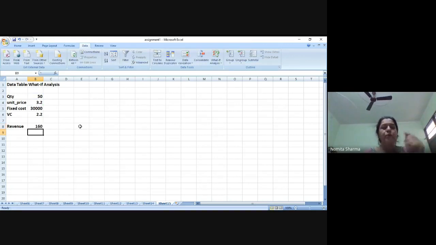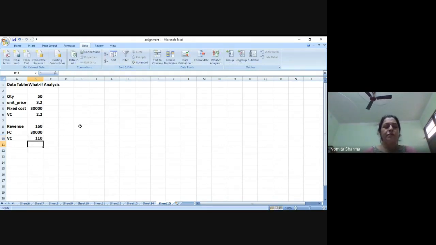So I get the revenue as 160, which is coming out to be very less. Then I have the fixed cost, which I have taken as 30,000. The variable cost is nothing but the unit cost multiplied by the quantities that we have made. So the quantity is 50, multiplied by the unit variable cost, which is 2.2.